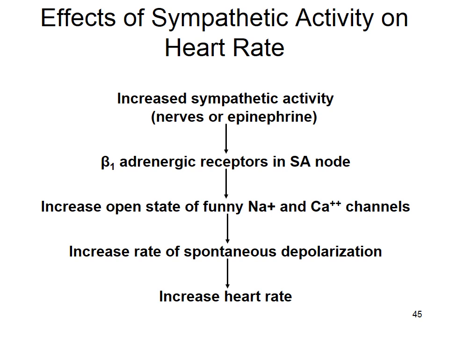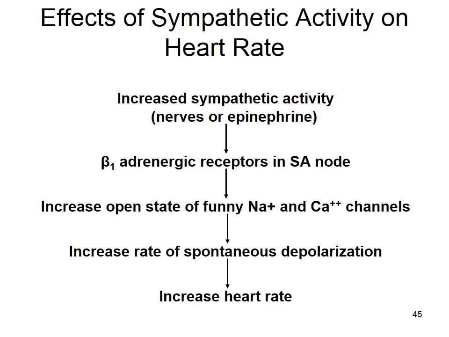So the sympathetic nervous system increases heart rate, and what we're going to do is talk about the exact mechanism. Your SA node has beta-1 adrenergic receptors, which bind to both epinephrine and norepinephrine.